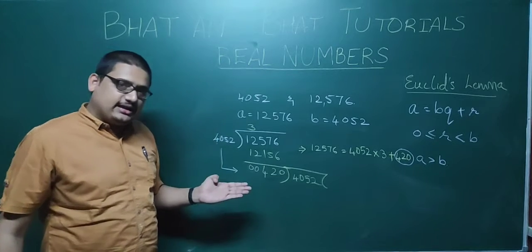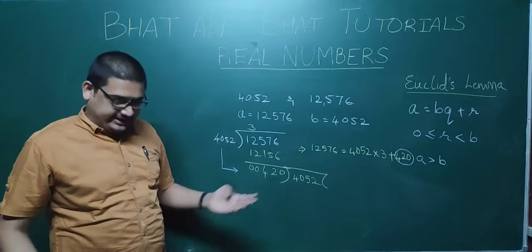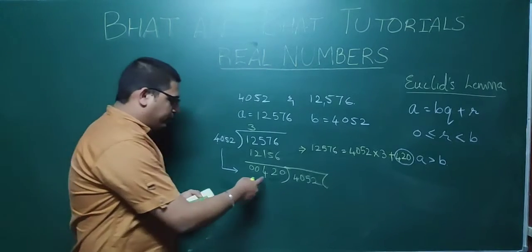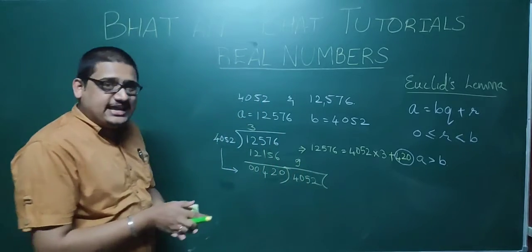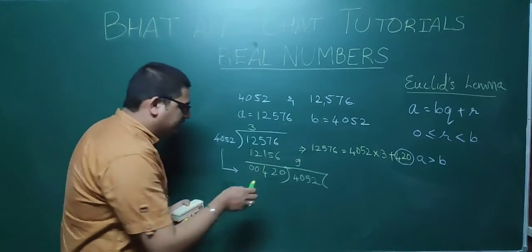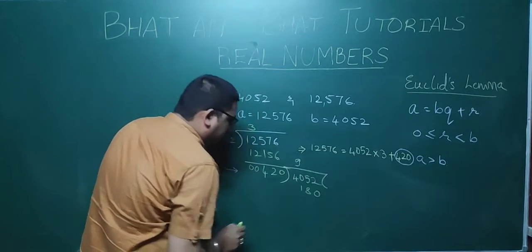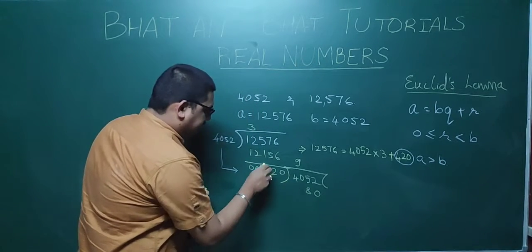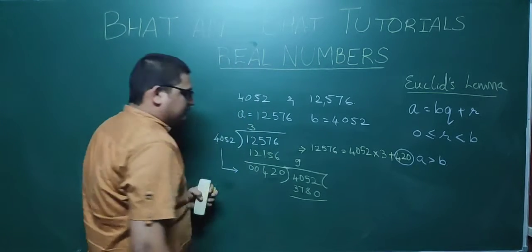So I can say that my next number is 9 instead of 10. What will I do? 420 times 9: 9 0s are 0, 9 2s are 18, then 9 4s are 36 plus 1 is 37. Is it correct?